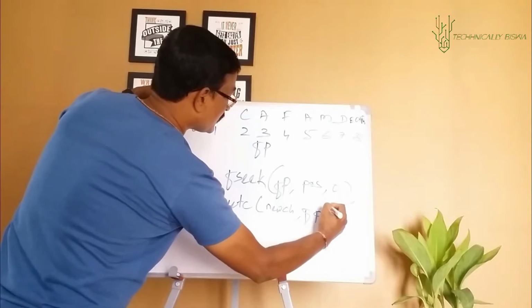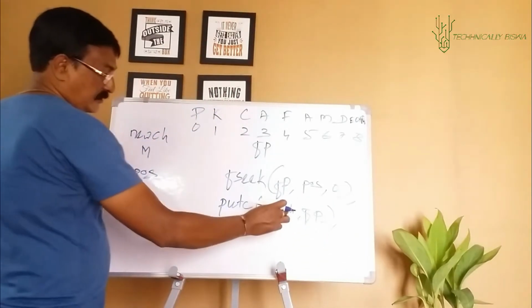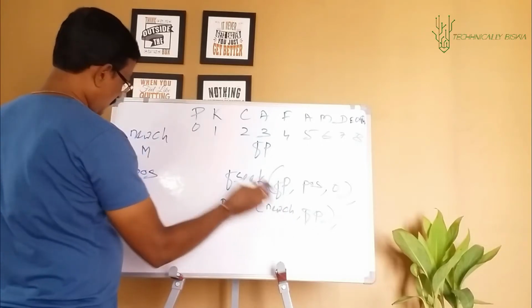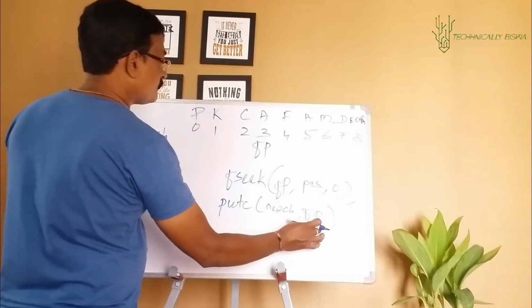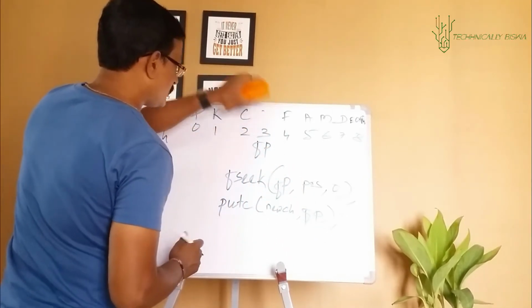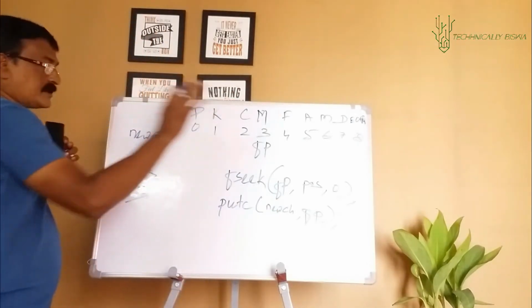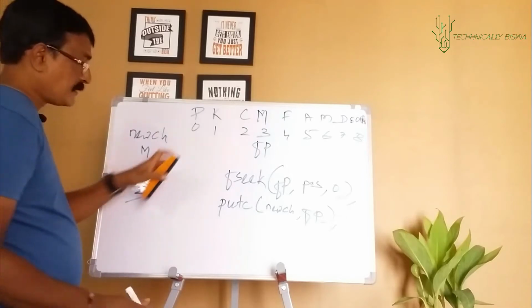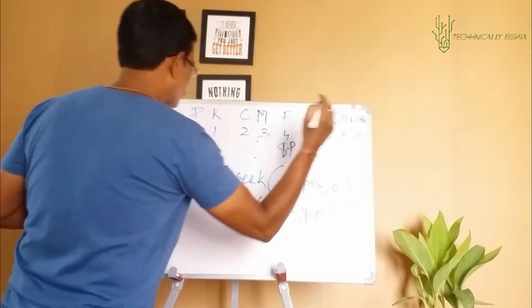If you remember, putc takes two parameters, source comma destination. This newch is the character, that is your source, M, and the destination is fp. fp is pointing at this place, so the character A here will be replaced with M. Whatever the character was will be replaced, and after replacement fp automatically moves to the next position, but it hardly matters.